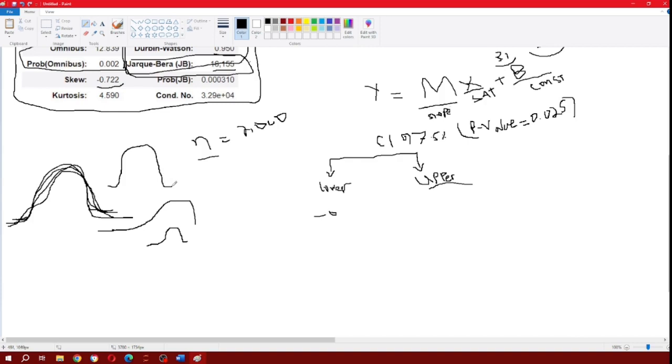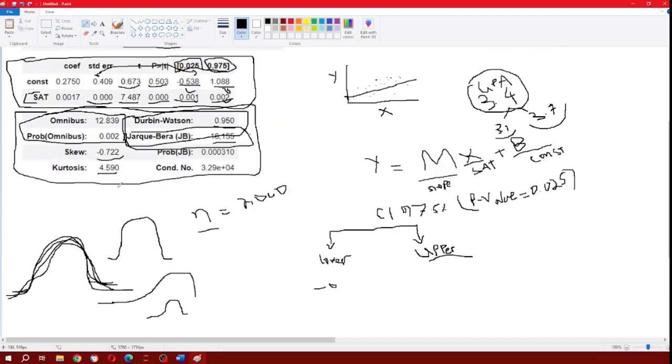The higher this number is, the more of your data is concentrated in the peak of the distribution. If a number has a small kurtosis coefficient, then we're looking at something like this. If it has a higher kurtosis coefficient, then we're looking at something like this. It's all about where the data points are gathered.